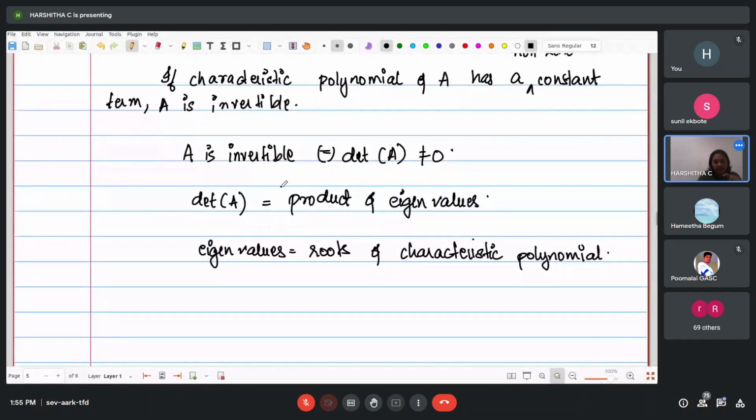So it's saying that the matrix is invertible if and only if the determinant is non-zero, which is the same as saying that the characteristic polynomial has a non-zero constant. Are there any questions?